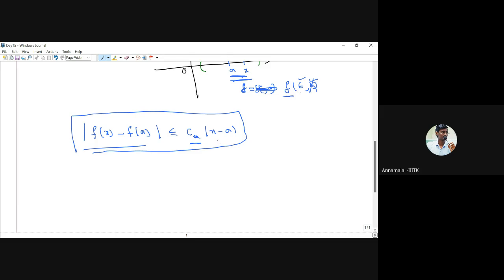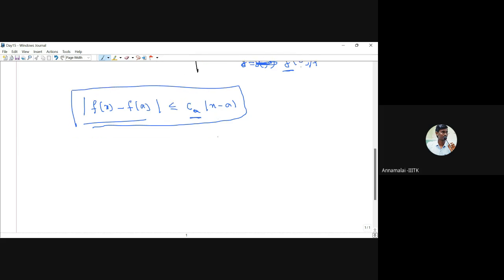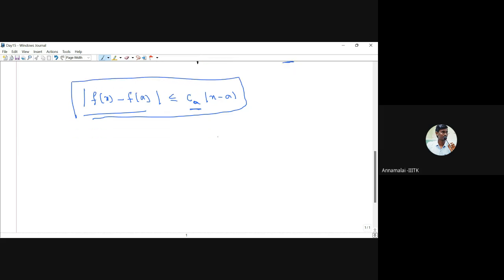Anyway, so we can see some examples. A very important example, the Thomae function. It's a very important function.